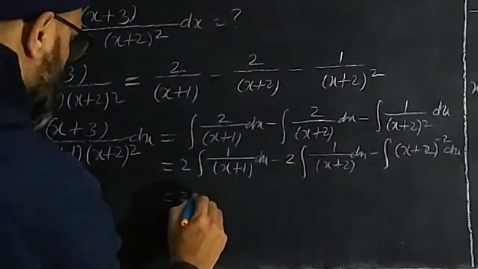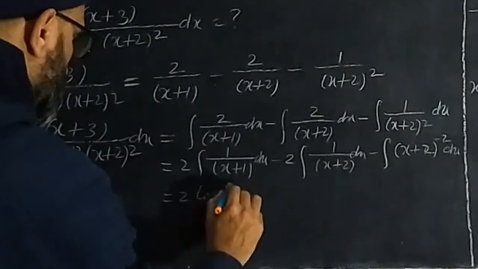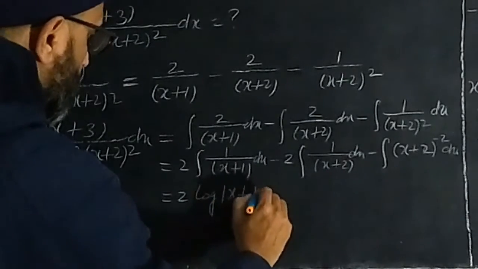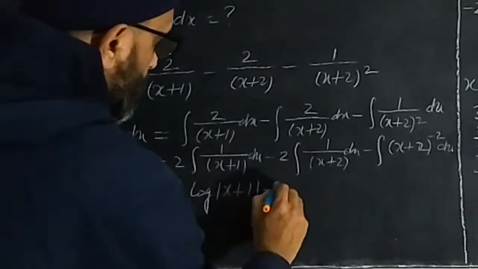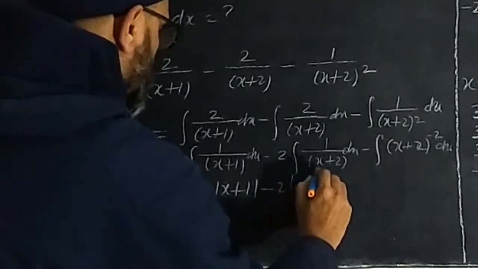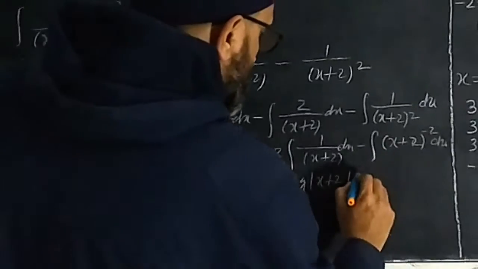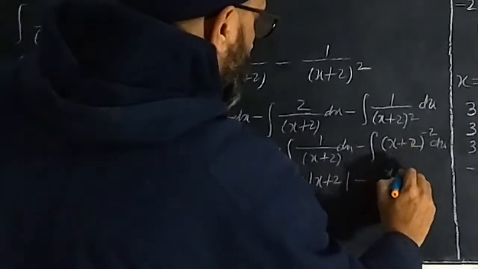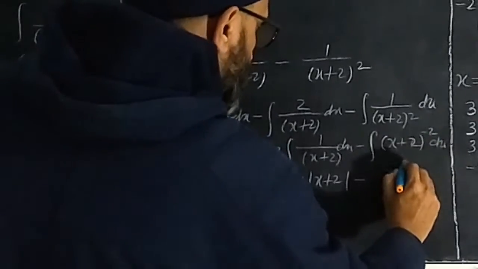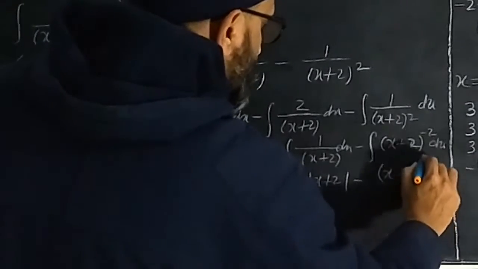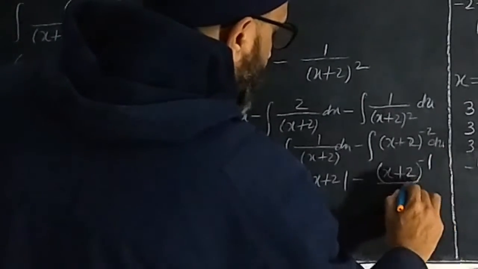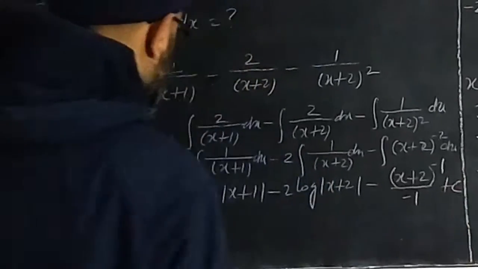Now integrating we get 2 log mod (x plus 1) minus 2 log mod (x plus 2) minus the integral of (x plus 2) raised to the power minus 2, which is (x plus 2) raised to the power minus 1 upon minus 1, plus c.